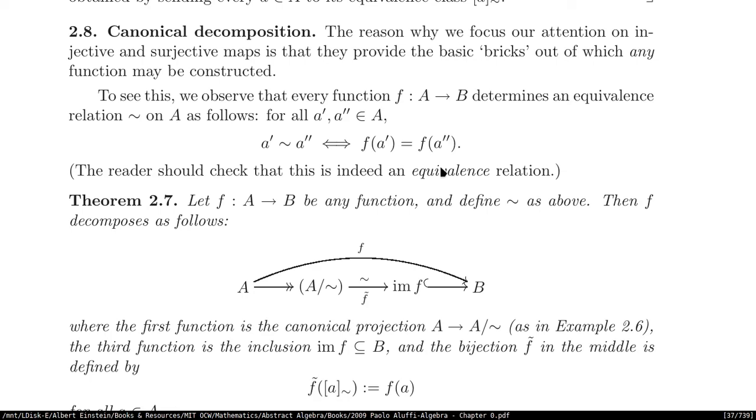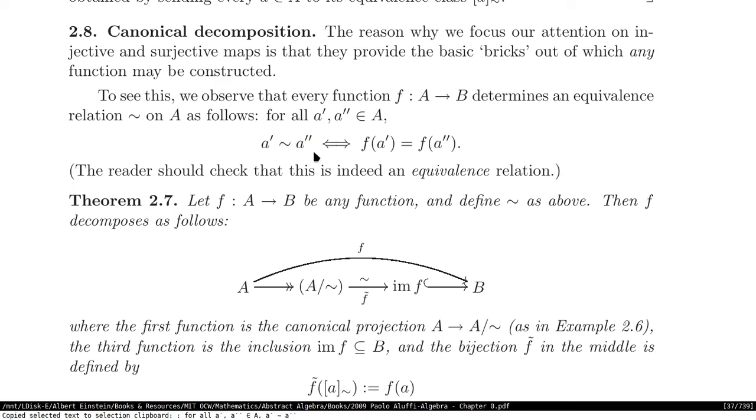Essentially, if the images of two distinct elements are the same, then those two elements can be identified using an equivalence relation.